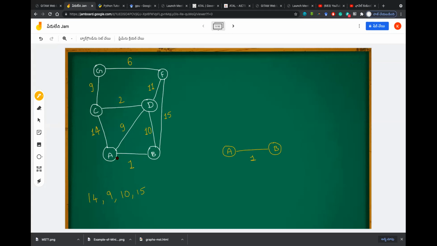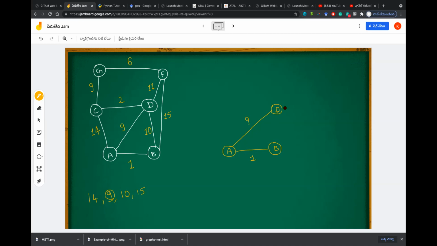That A should also be considered, not only from B, I should also consider if there is any minimum edge that I am leaving behind. Which is minimum? 9. So I need to consider only the edge 9 when you compare between 14, 9, 10 and 15. So I will go for this edge connecting to D, which is 9.